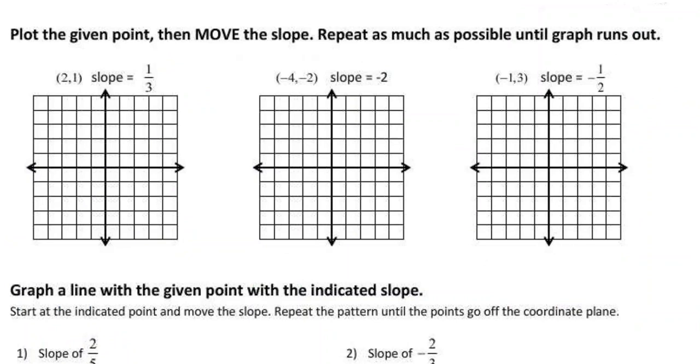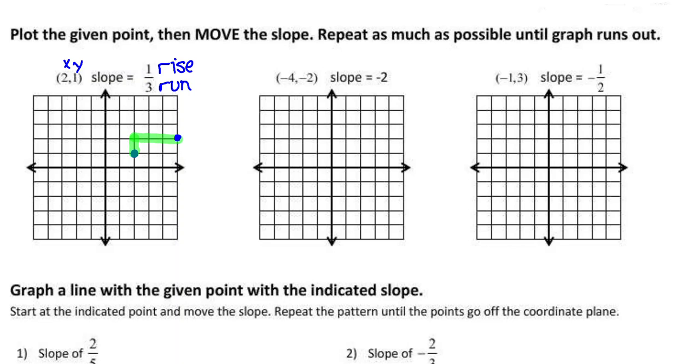For this one, you actually have to plot your point and then move your slope. So let's start by plotting our point: +2, +1. There's my point. I'm going to rise 1, run 3. Remember, this is x and y, walk and fly, and slope is rise over run, so don't get those confused. So I rise 1, run 3.